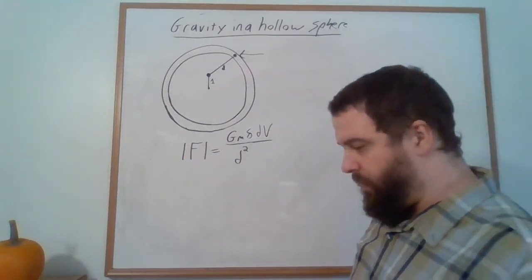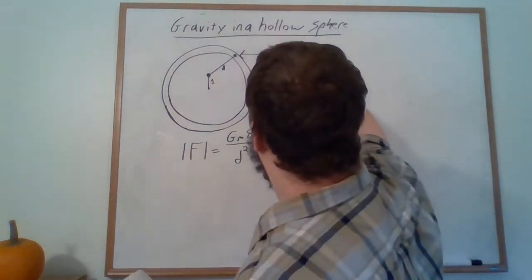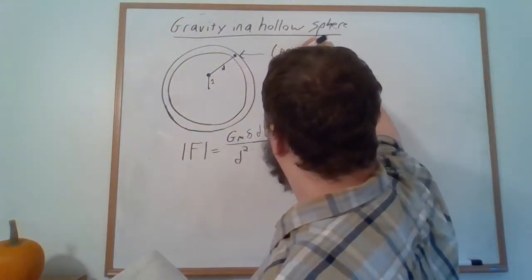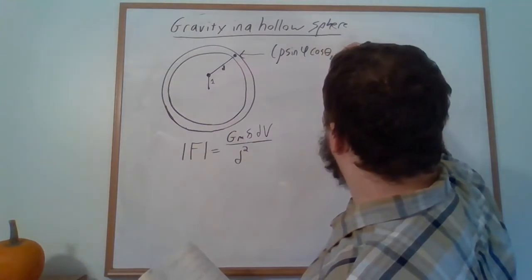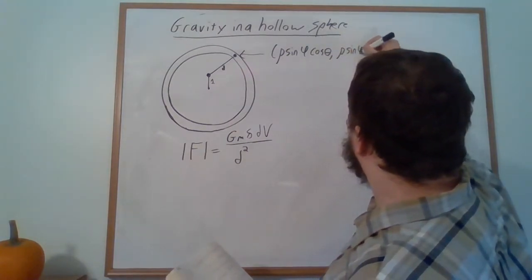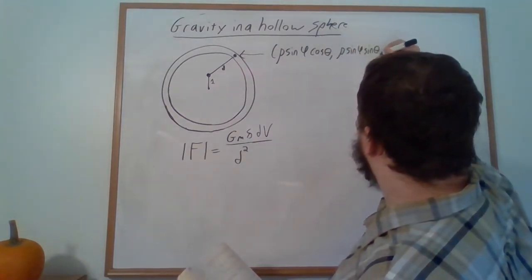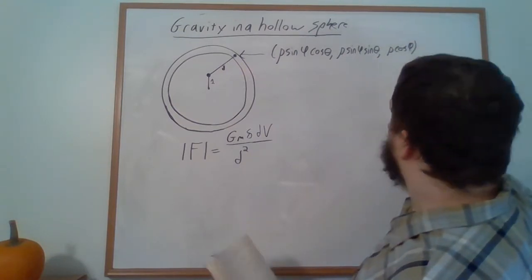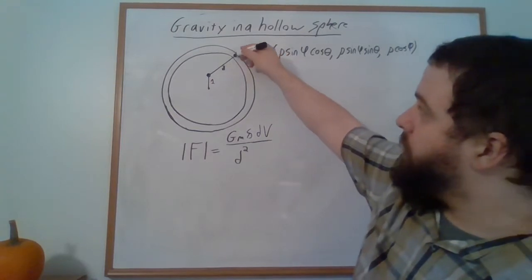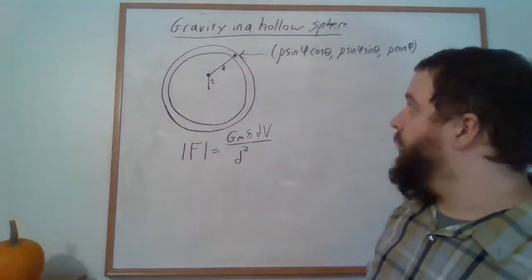The coordinates of this point are going to be rho sine phi cosine theta, rho sine phi sine theta, rho cosine phi. So those are the coordinates of this particular point here.